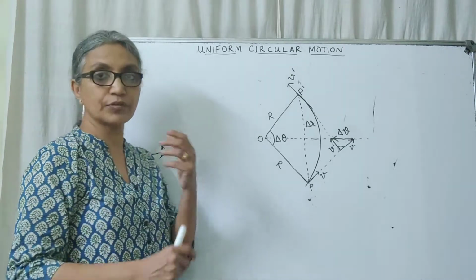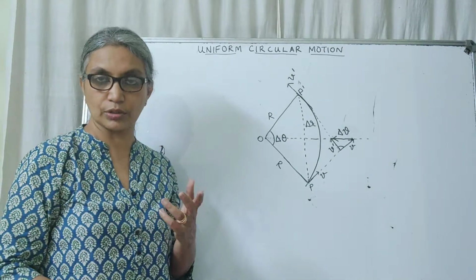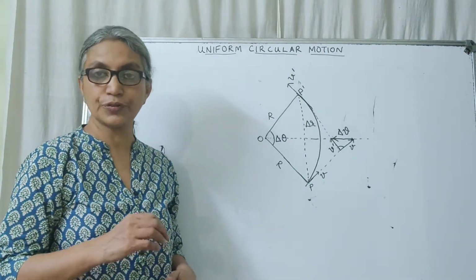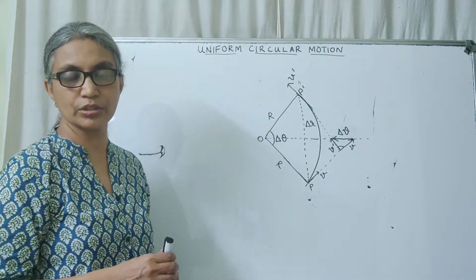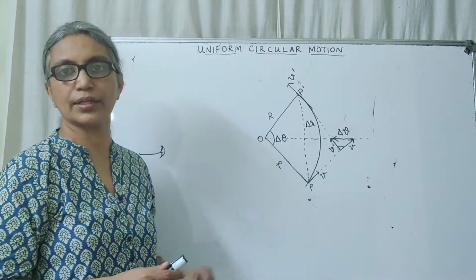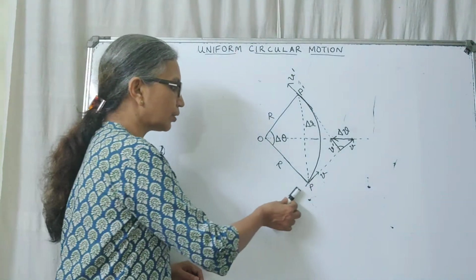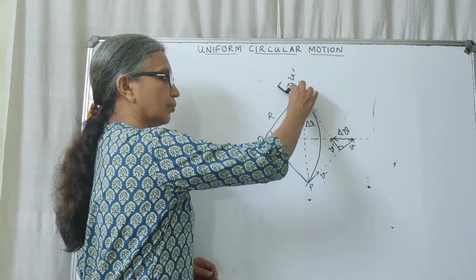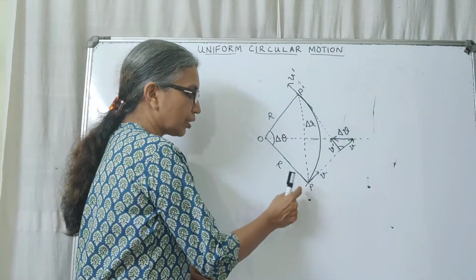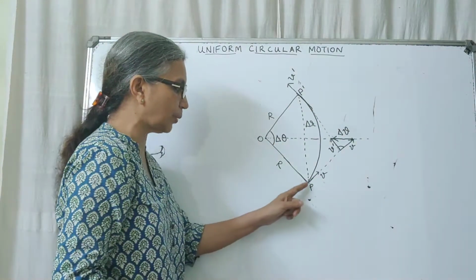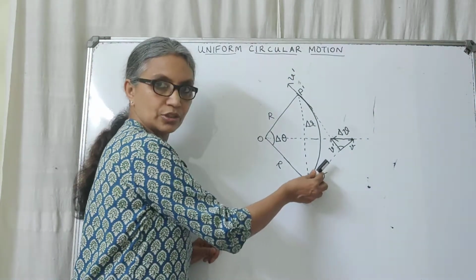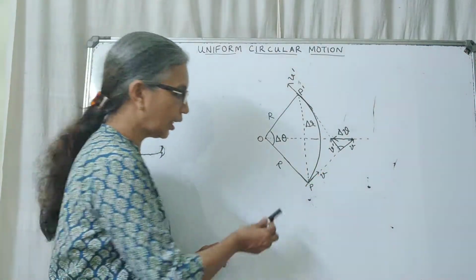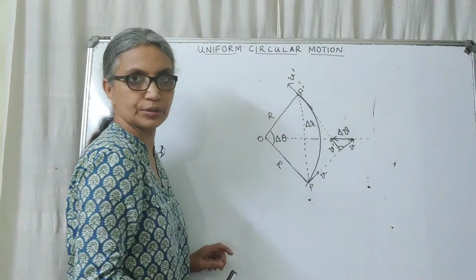Now, in the previous sections, I discussed with you that the direction of instantaneous velocity is always along the tangent drawn at that point in the direction of motion. So if your particle is moving in circular motion and you want to find the direction of instantaneous velocity at any point, it is represented by the tangent drawn at that point in the direction of motion.